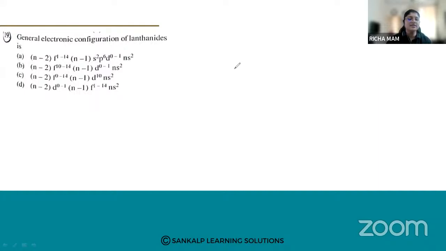So lanthanides are what? These are also transition metals, and they start from atomic number 58, that is cerium, to lutetium, which is 71.